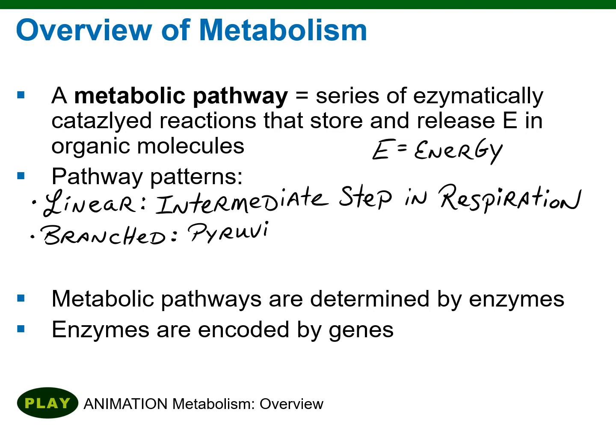So pyruvic acid or pyruvate is a molecule that can go in different directions based on prevailing conditions within the cell. And so we'll see how pyruvate can be part of the beginning of a branched metabolic pathway. And finally, there can be circular pathways, like the Krebs cycle that was mentioned as an event that is cyclical and happens after the intermediate step during respiration.